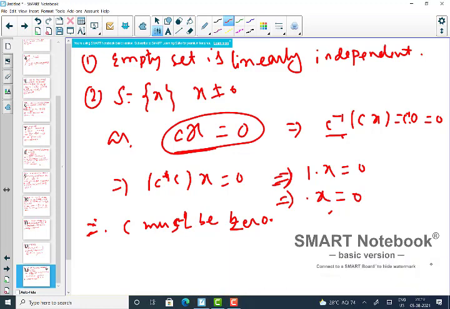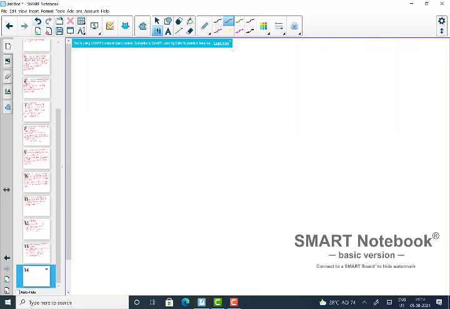Now suppose you know something is linearly independent, and you have a subset of it. What happens? Maybe this is a simple property you can check.